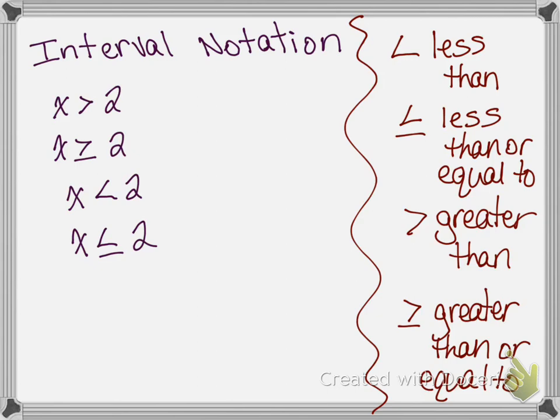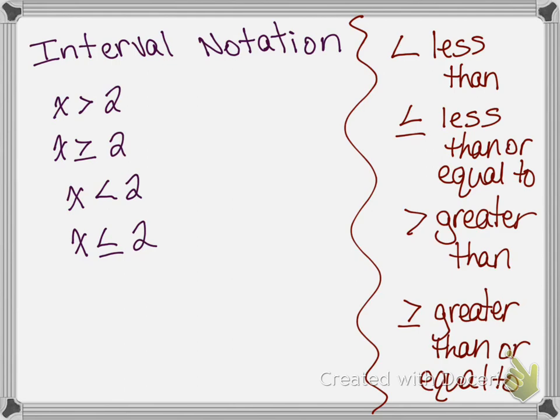The other thing with looking at the graph is it makes us put it in numerical order, because you're always going to put your answers from least to greatest in interval notation. And if you graph it, then you are really able to see where those numbers fall on the number line. So graphing is super important.